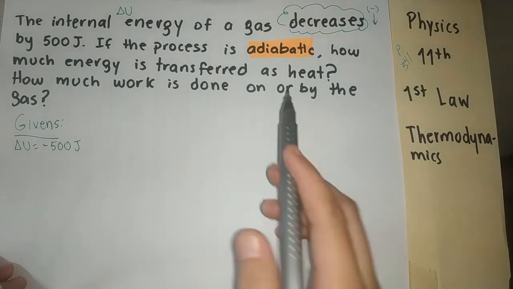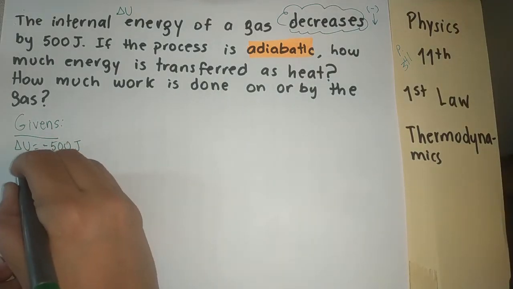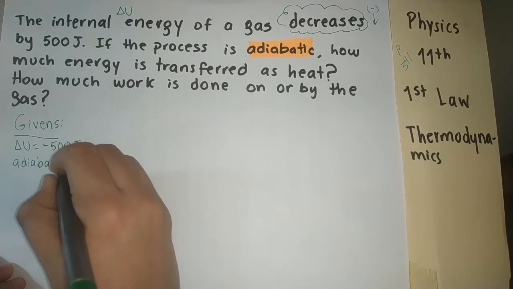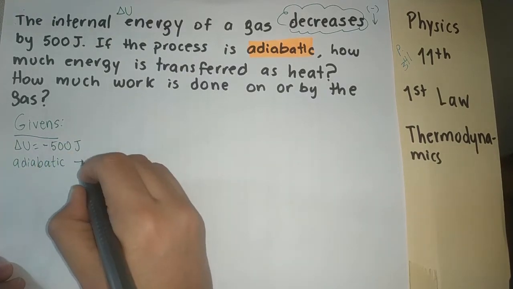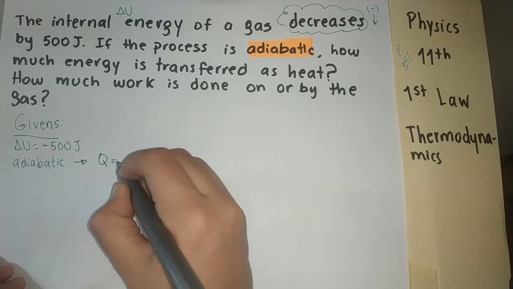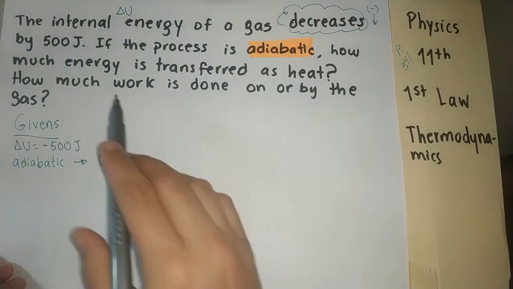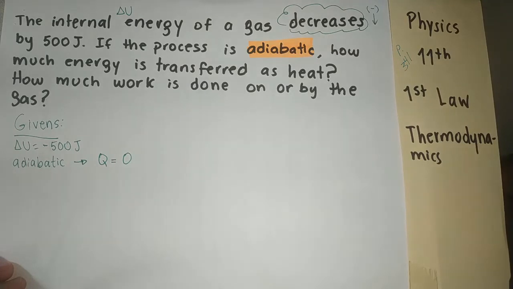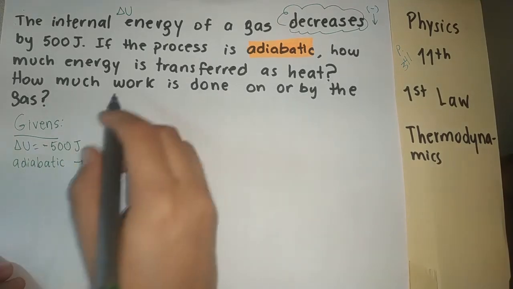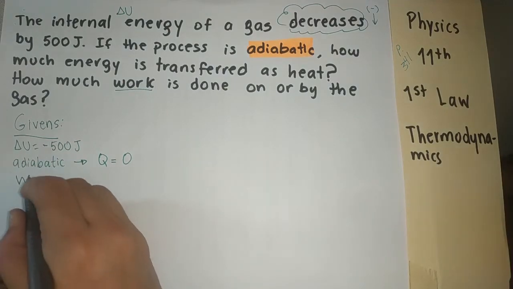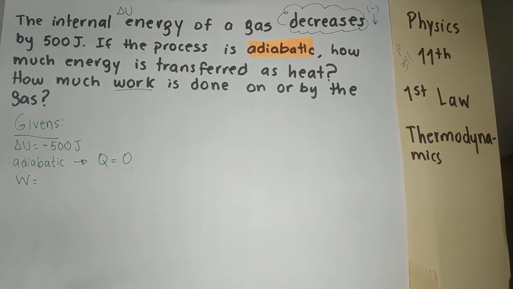If the process is adiabatic, that is a given, the type of process. And what is the condition for adiabatic? That Q is equal 0. Now, how much work is done on or by the gas? We need to find the work. How do we write the work? W is unknown.